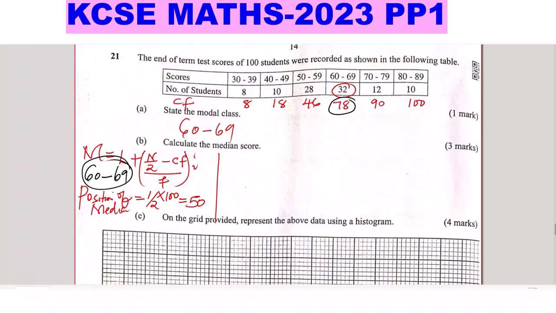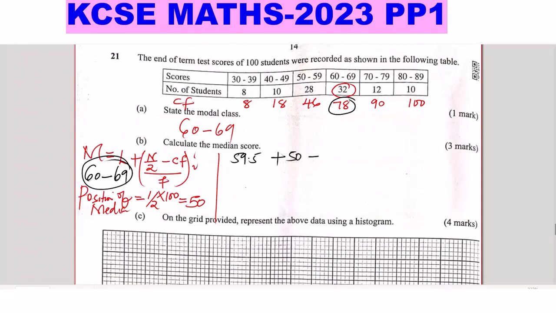The median class is 60 to 69, so the lower class boundary is 60 subtract 0.5, which is 59.5, plus n, the total frequency. When you divide 100 by 2, that will be 50.